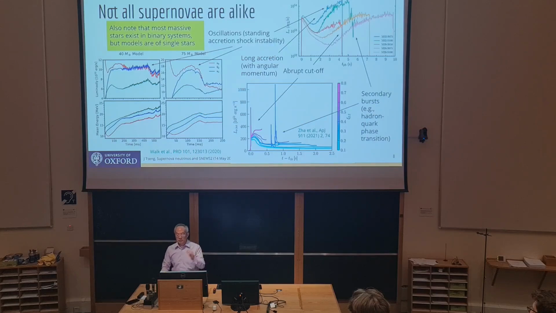Usually, as a result of the long accretion, the neutrino luminosity keeps going up, and when you pass a certain threshold, like going over a critical mass, a black hole might form, in which case you get an abrupt cutoff, which you can see there. And with things like hadron-quark phase transitions, you might see secondary bursts. So there are a lot of different features that you might see.